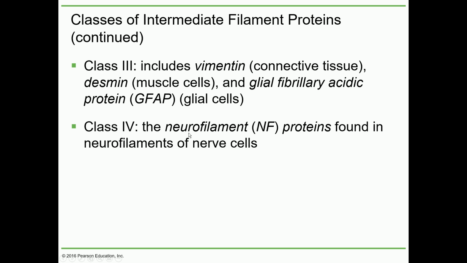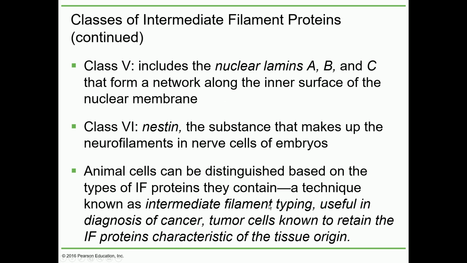Class 4 includes neurofilament proteins found in the neurofilaments of the nerve cells. Class 5 includes nuclear lamins A, B, and C that form a network along the inner surface of the nuclear membrane. And then class 6 has nestin that makes up the neurofilaments in nerve cells of the embryos.